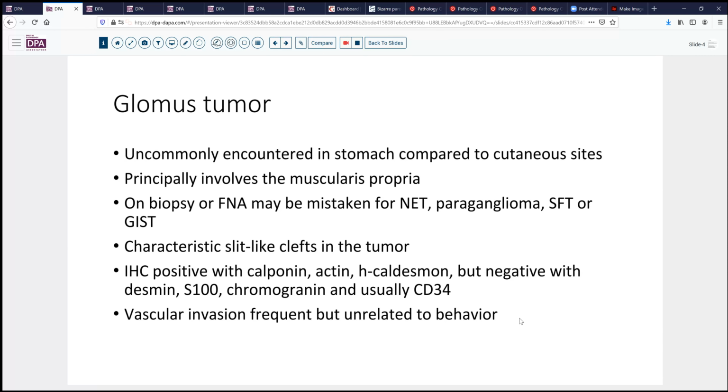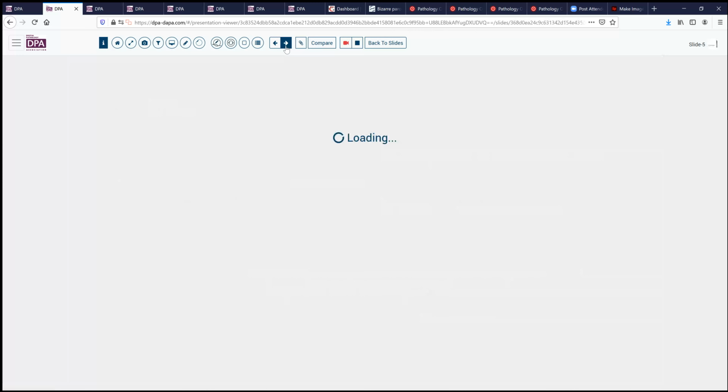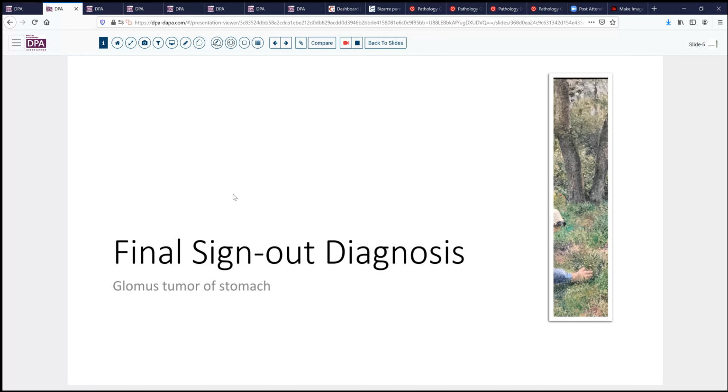But it's difficult from the histology to predict metastasis. So it goes under the generic rubric of tumor rather than carcinoma or other types of malignancies. So our final sign-out diagnosis today: glomus tumor of the stomach, a very characteristic case.